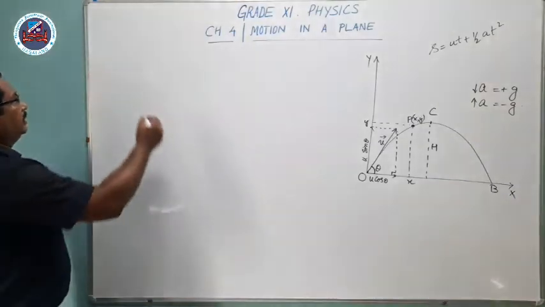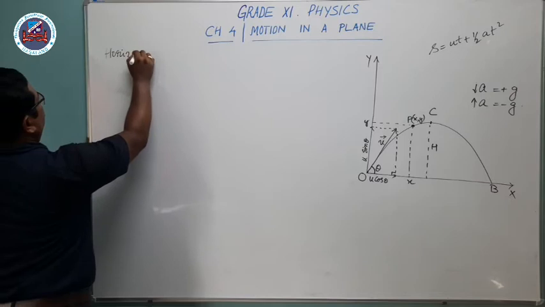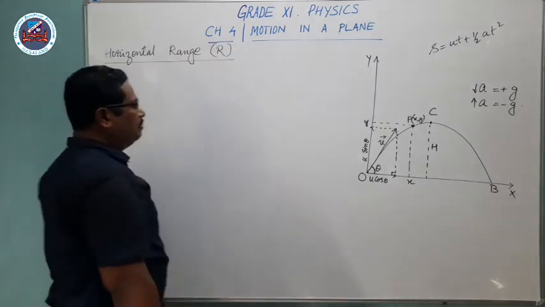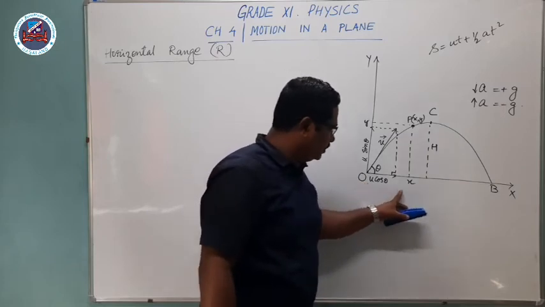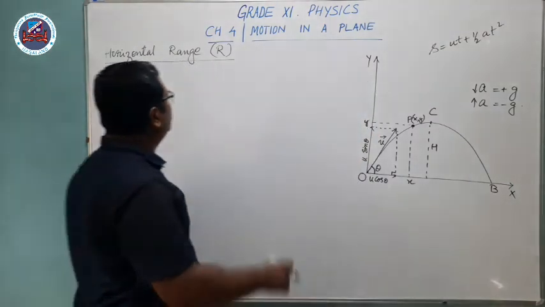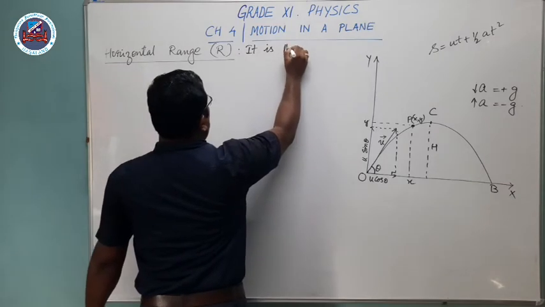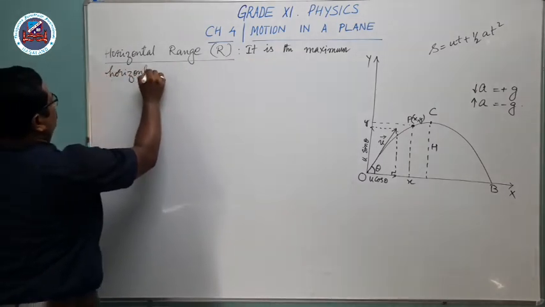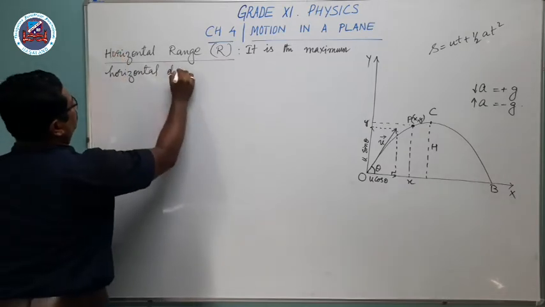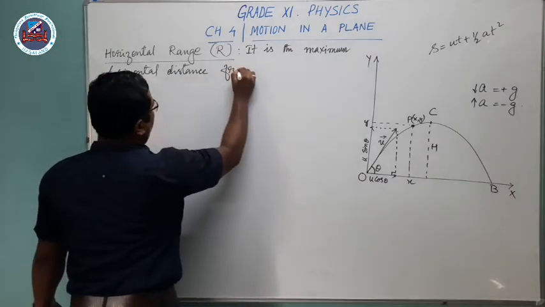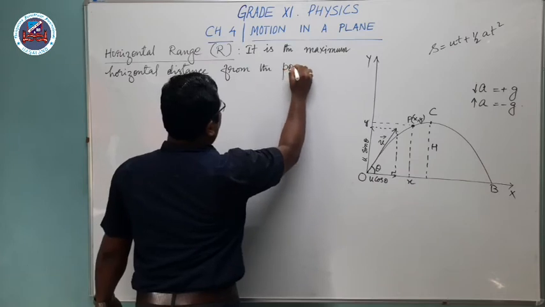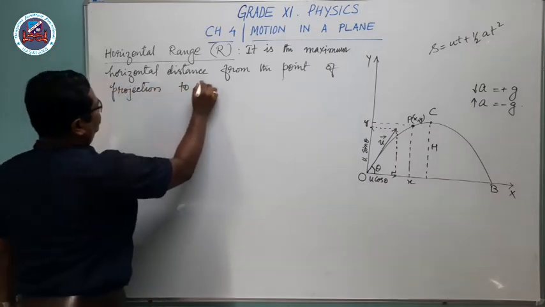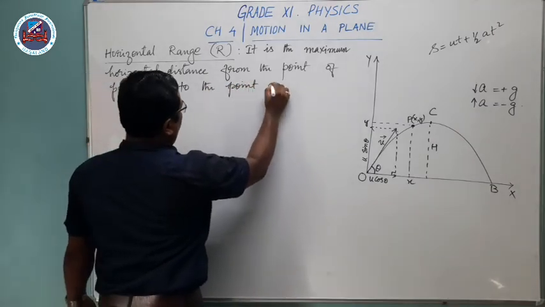And let us see the horizontal range. Horizontal range, we write it as R. It is the maximum horizontal distance from the point of projection to the point of striking the ground.